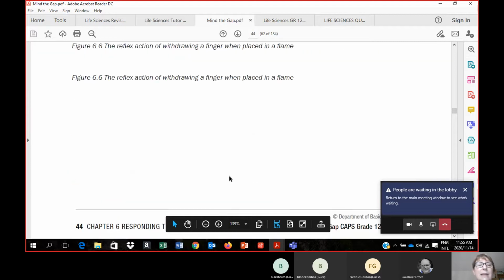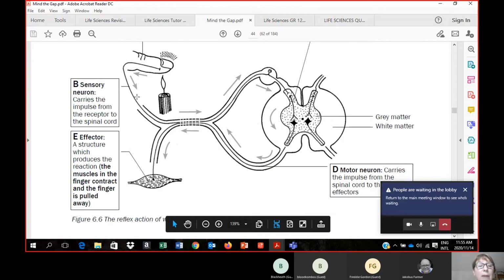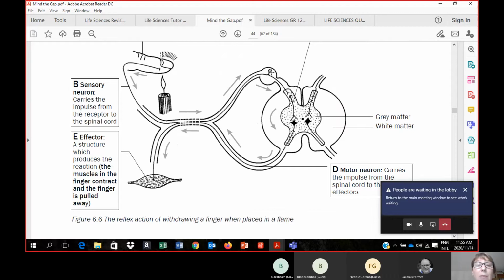Now we know that this is a sensory neuron over here, and over here, remember, there's the cell body. So what did we say? The part that conducts the impulse towards the cell body, is it a dendrite or an axon? Think about that quickly. Right, I hope you all got that right.